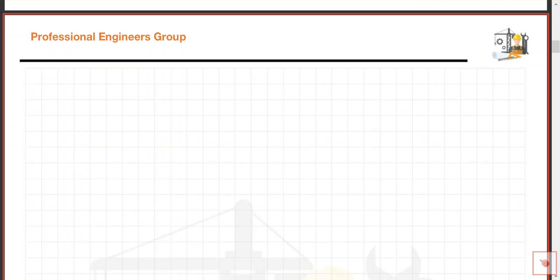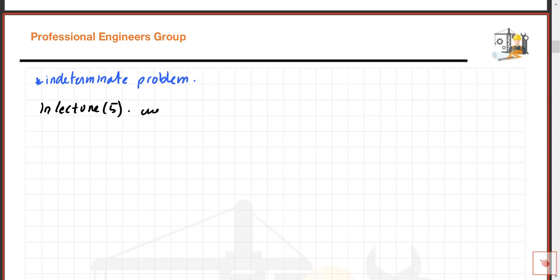Now we want to talk about the indeterminate problem. I will give a hint: in lecture 5, we discussed this case in structures.